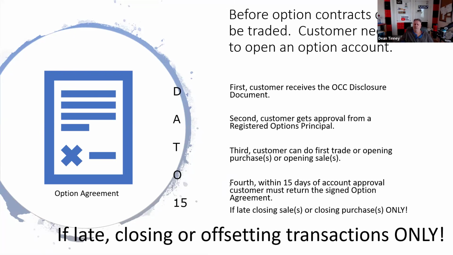Usually opening purchase is going to be a lower level of approval. It's easier to get you approved to buy options because when you buy options, if you buy a call or you buy a put or you buy a straddle or debit spread, and you're wrong, you just lose your money. So it's pretty easy to qualify somebody who wants to do opening purchases. We basically say, is this the kind of money you can afford to lose?